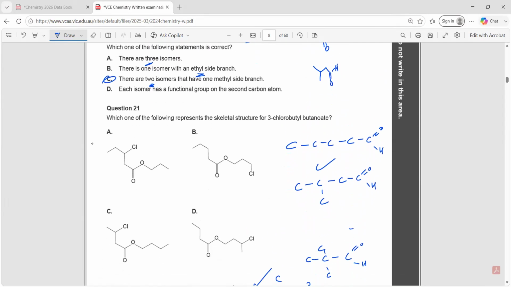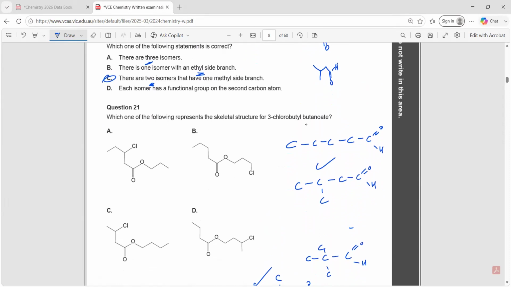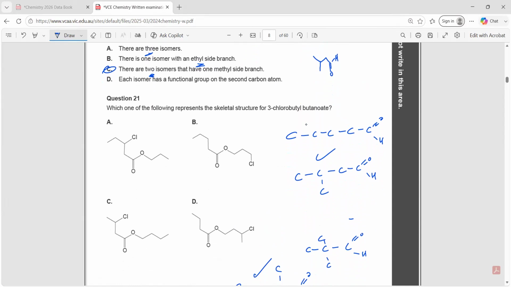Which one of the following is chlorobutyl butanoate? So we want four carbons. So one, two, three. There should have been another one there. So whatever's facing the oxygen should be our alcohol. So one, two, three, four.